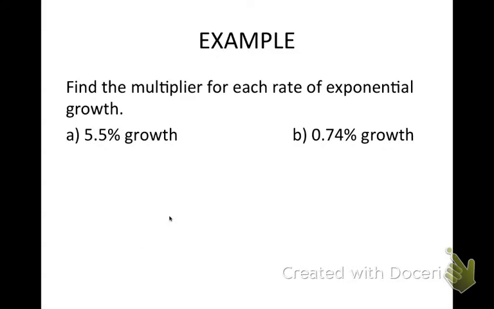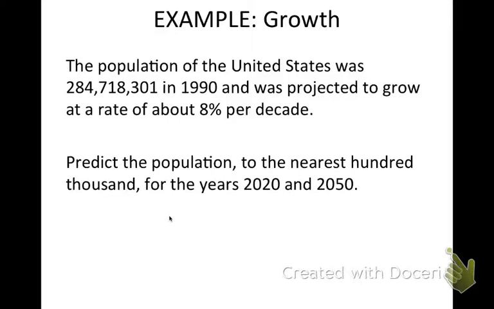Feel free to write whatever it is you want to write. So we have the population in the United States in 1990. That's an important number. It was 284,718,301, and that was in 1990.